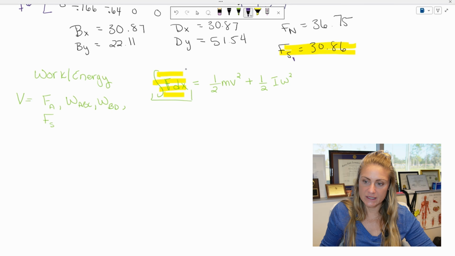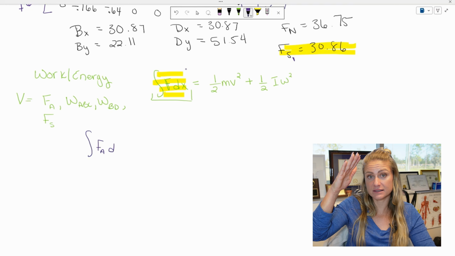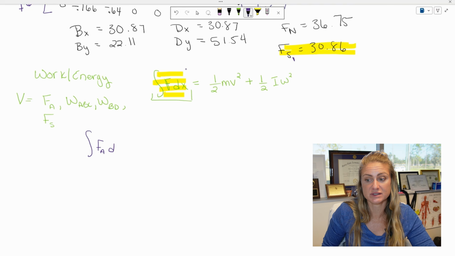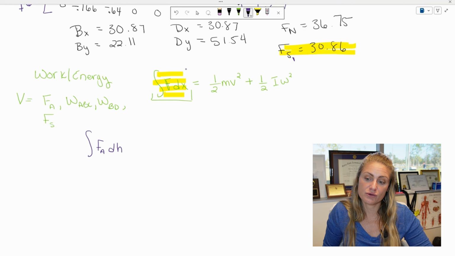So we can say the FA, now FA is starting from one height position and ending at another height position. So its displacement is a change in height, going from position 1 to position 2.